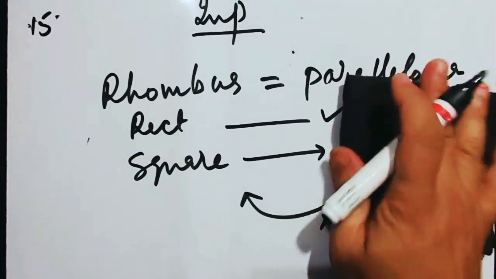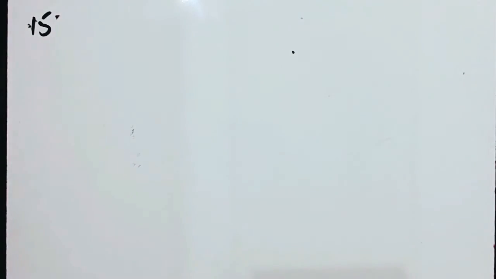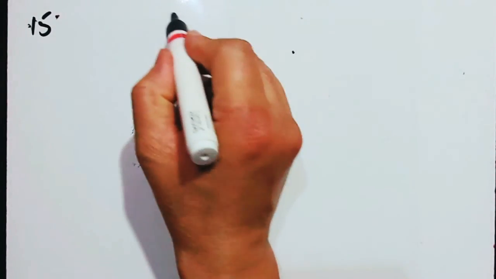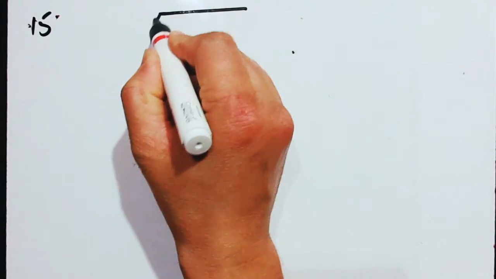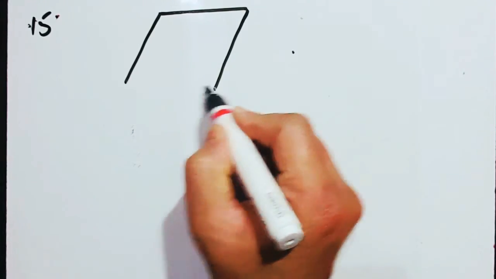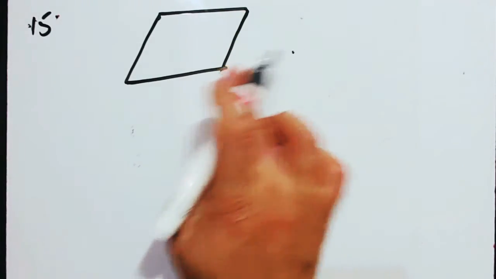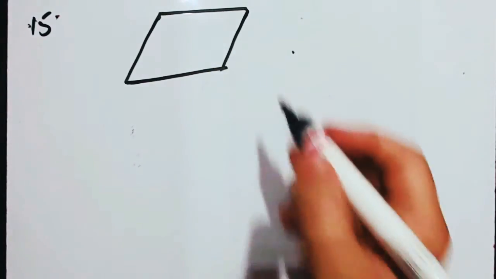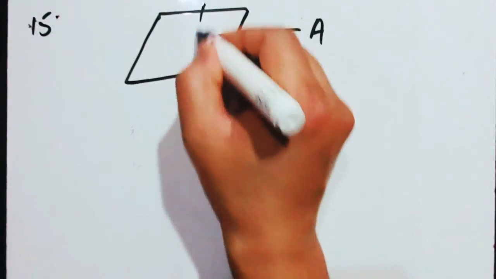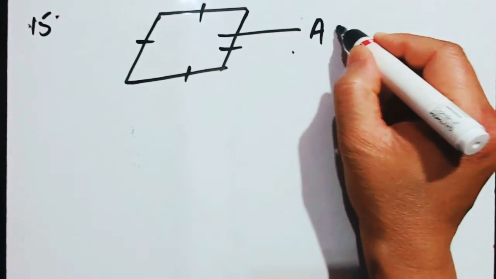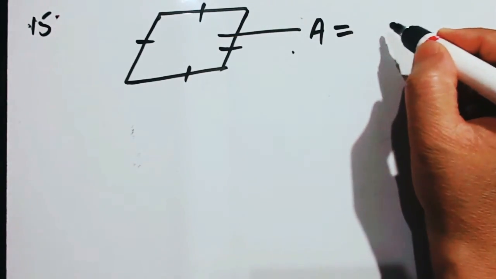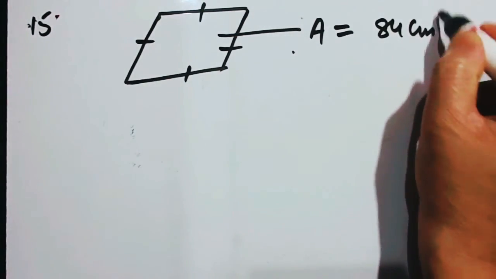So number 15 says that the area of the rhombus is 84 and its perimeter is 56 centimeter. Okay, so this is my rhombus. I have drawn a rhombus whose all the sides are equal. Now it is a parallelogram, and its area is equal to 84 centimeter square.